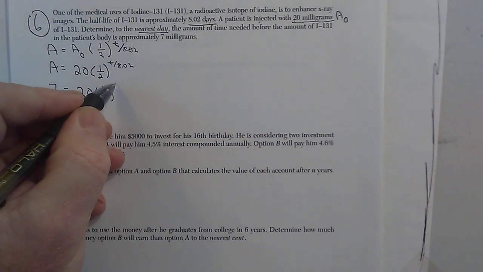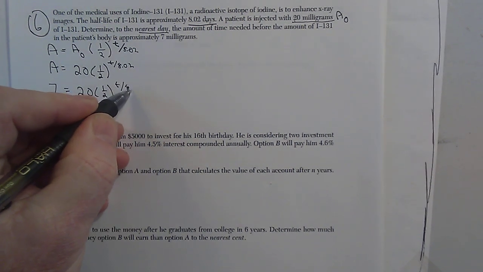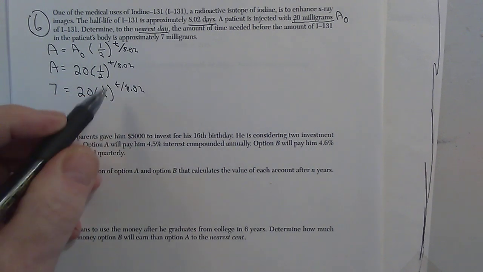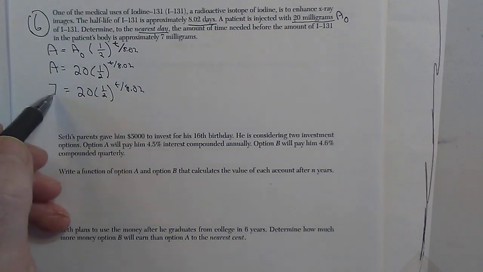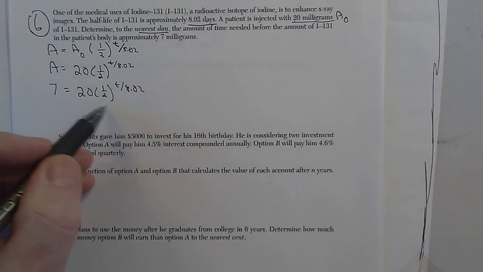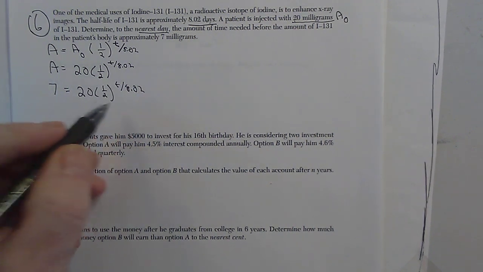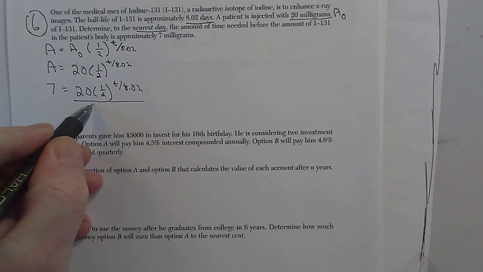And lo and behold, we have another exponential equation to solve. So the first thing I want to do is get a number equal to the base raised to the exponent. So in this case, I'm going to divide by 20.